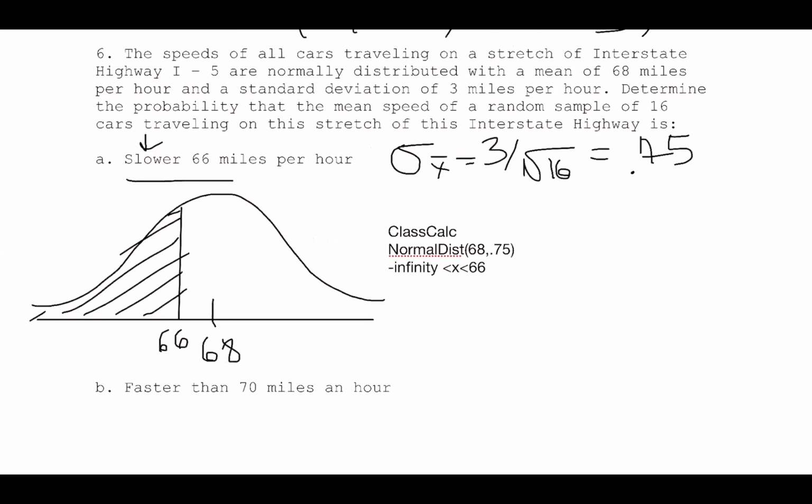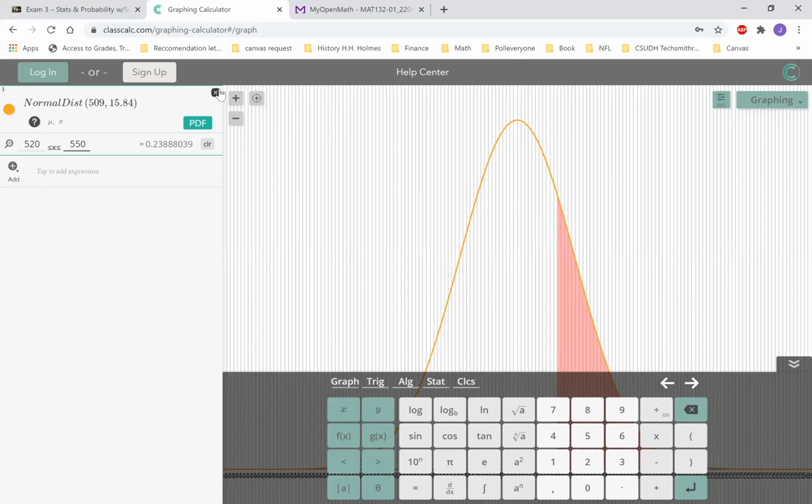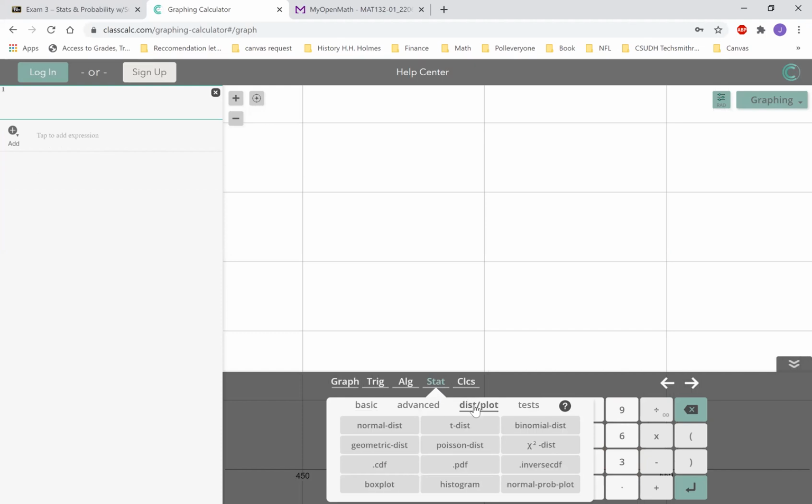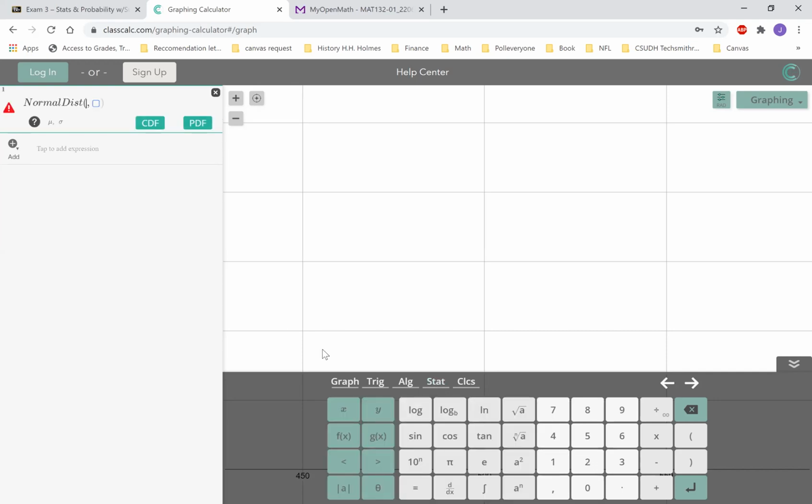All right, so let's go ahead and go to class calc. We're going to go to stats, then distribution, then the normal distribution. The mean is 68, the standard deviation is 0.75, and then we say CDF.